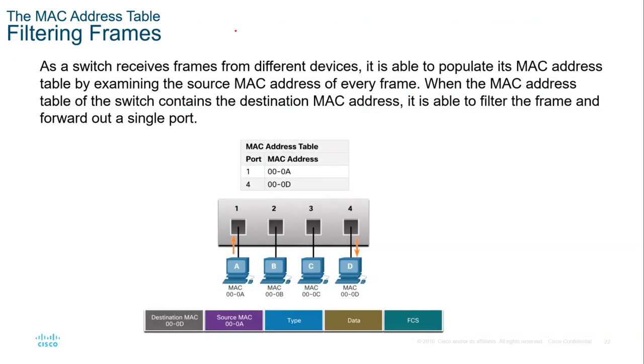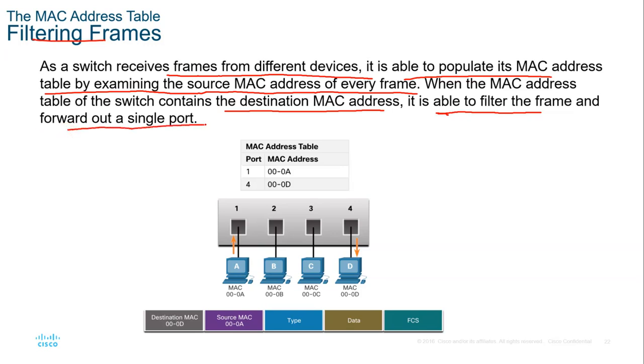So, filtering a frame: as a switch receives frames from different devices, it is able to populate its MAC address table by examining the source MAC address of every frame. When the MAC address table of a switch contains the destination address, then it is able to filter the frame and forward it out of the single port.